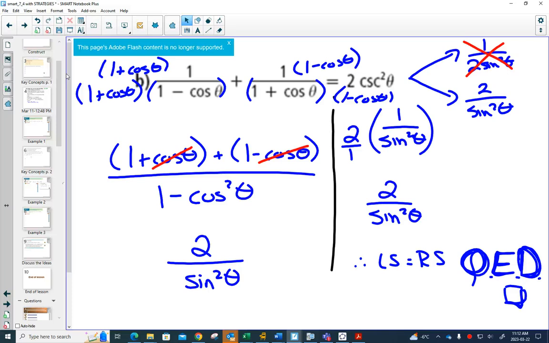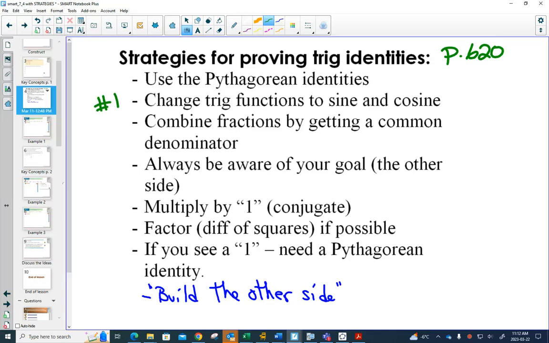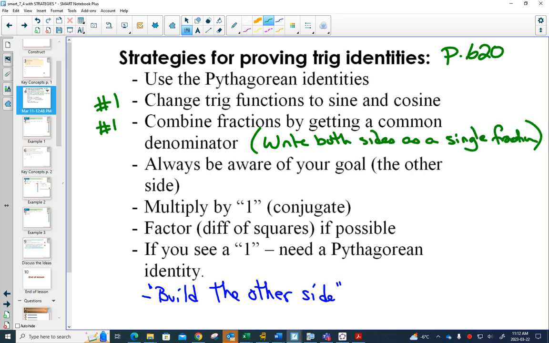So what I'd like you to do is turn to page 620, and we'll write down these strategies, but we're going to categorize them a little bit. The number 1 strategy are these 2 together: changing things to sine and cosine, and combining fractions, so writing both sides as a single fraction.